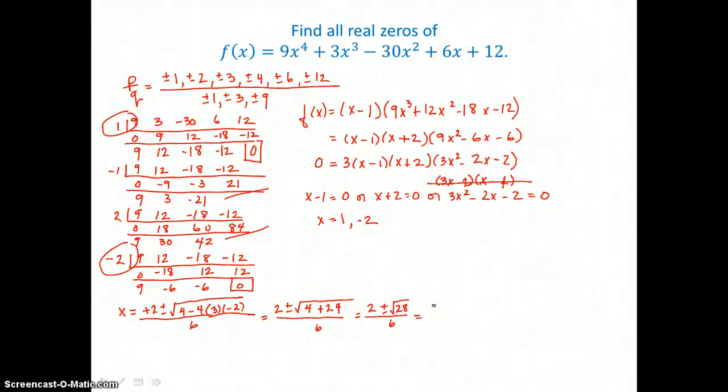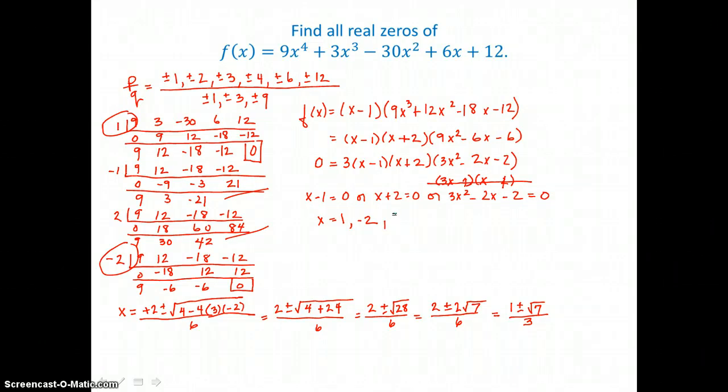The perfect square factor in 28 is 4, so the square root of 4 is going to give me 2, and I'll have the square root of 7 left, over 6. And now there's an extra factor of 2 in every term in this fraction that I'll get rid of. So I'll have 1 plus or minus the square root of 7 over 3 as a simplified form of the zeros.